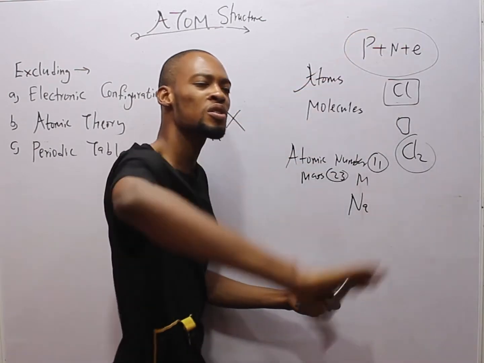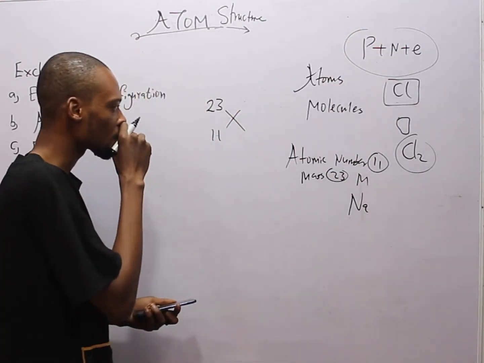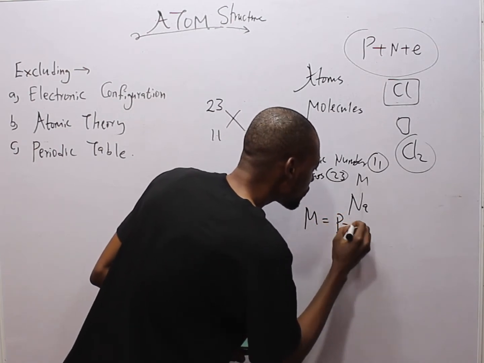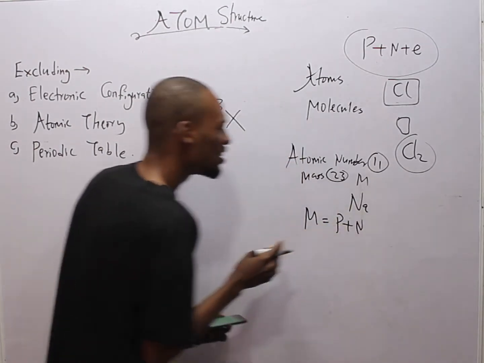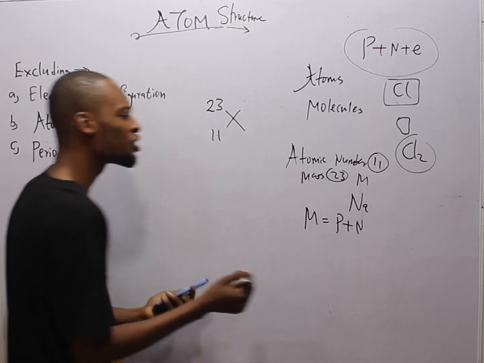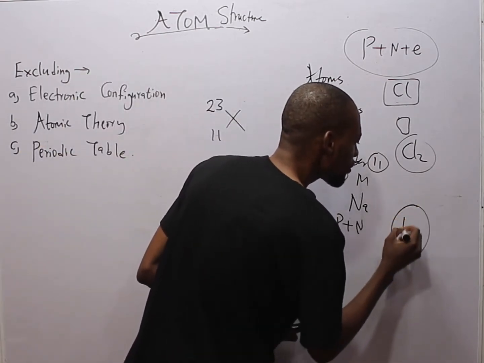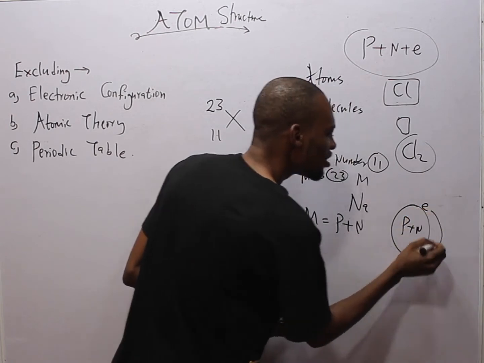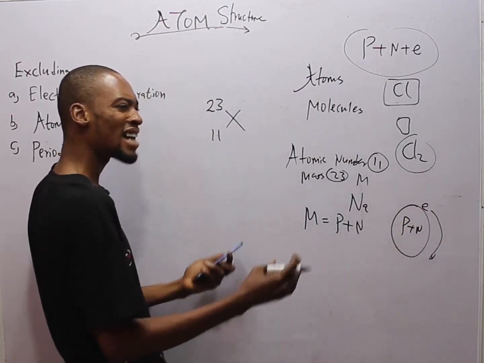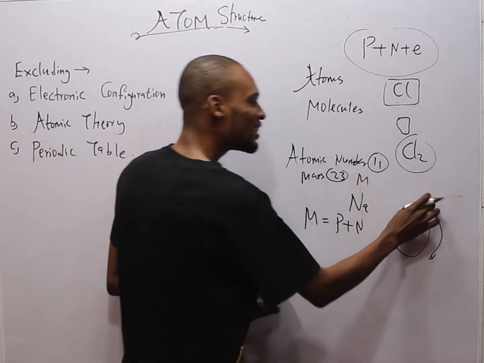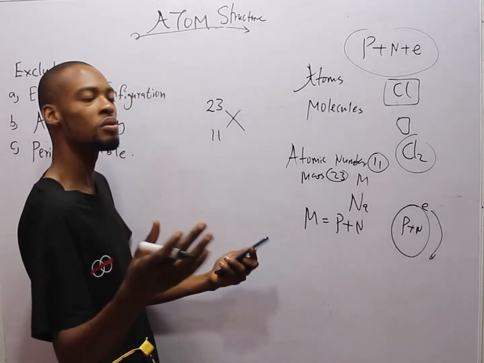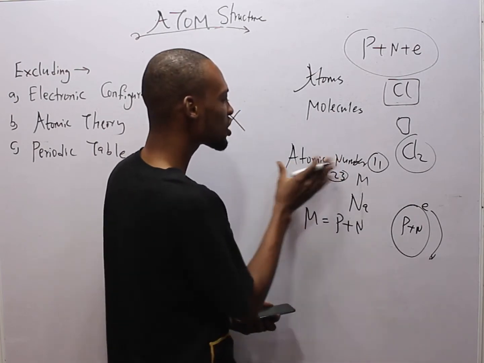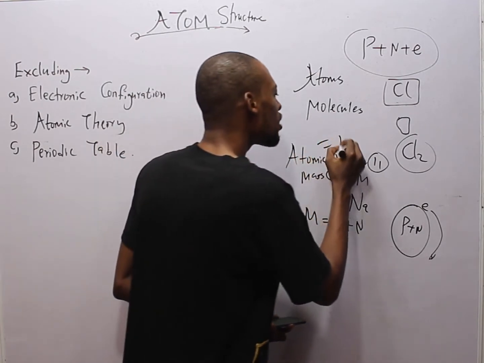That's subatomic particles. Atomic mass is equals proton plus neutron. Why? The mass of atom is concentrated in the nucleus. Proton and neutron are in the nucleus, and electron revolve around the nucleus. So the mass is concentrated in the nucleus, and electron contribute least to the mass. So mass is proton plus neutron, and atomic number is equals the number of proton.